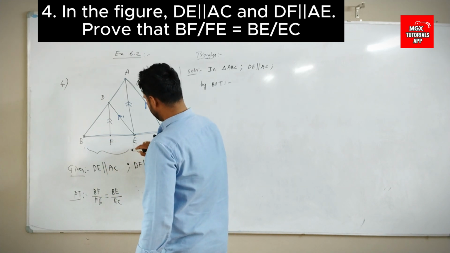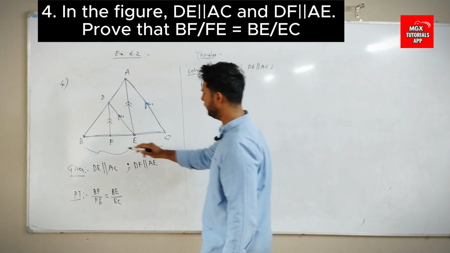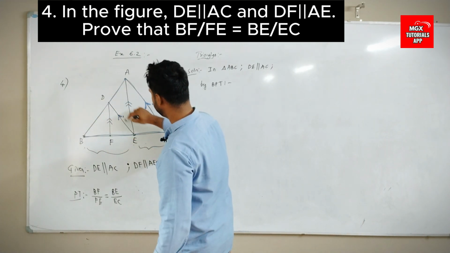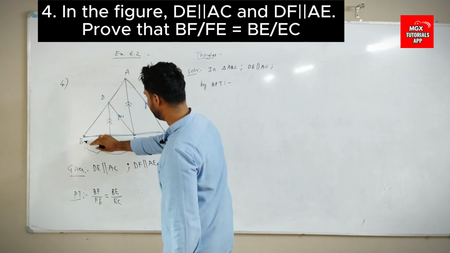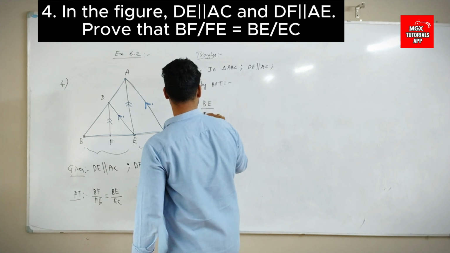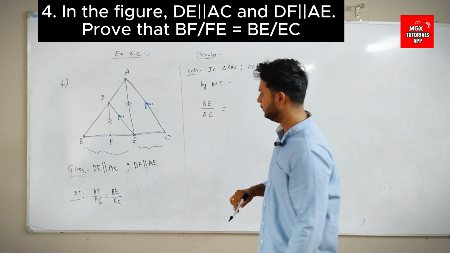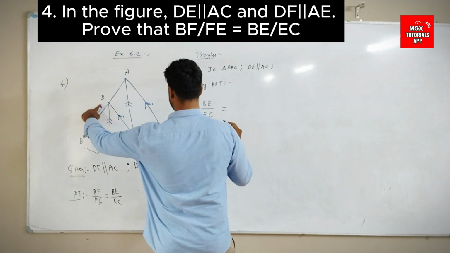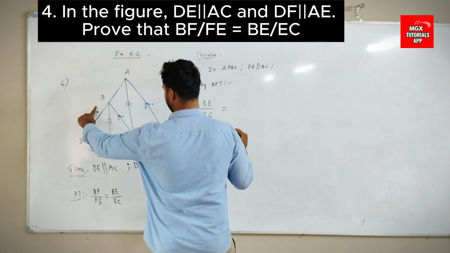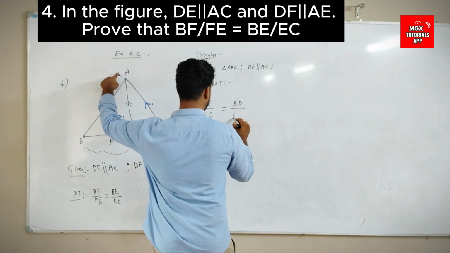A is here, EC is here. This is the triangle. This is parallel to this. So can I write AE by EC is equal to what do you write? BD by one second. BD by DA.